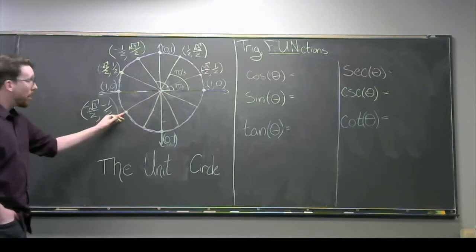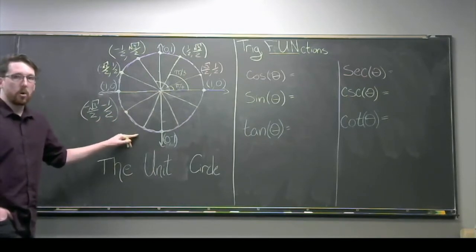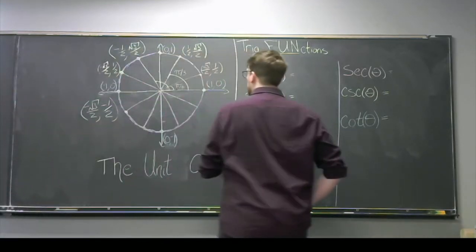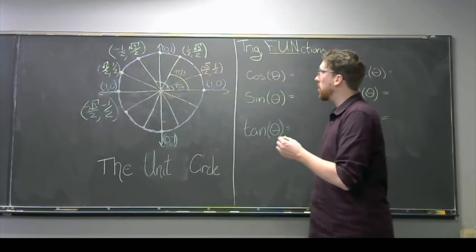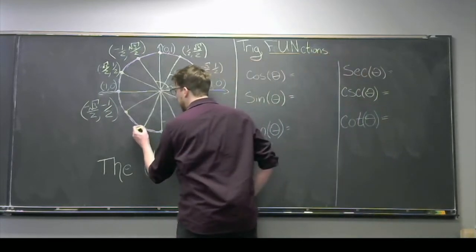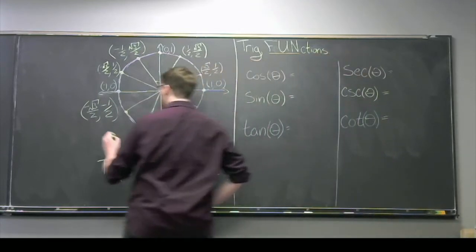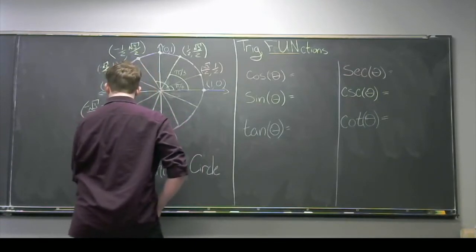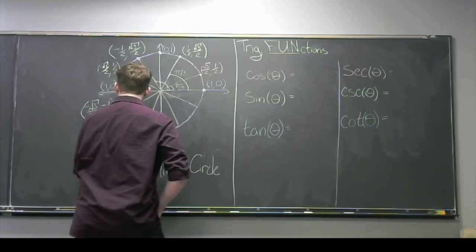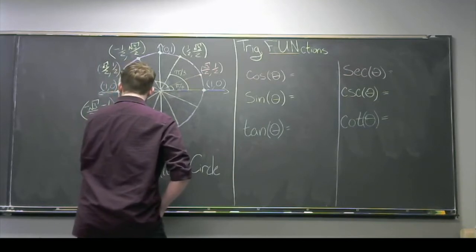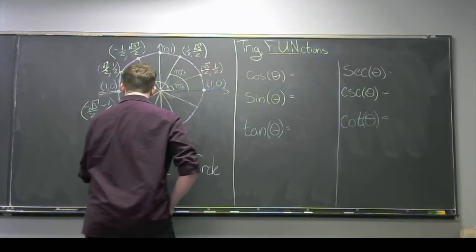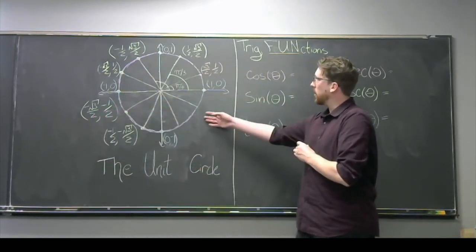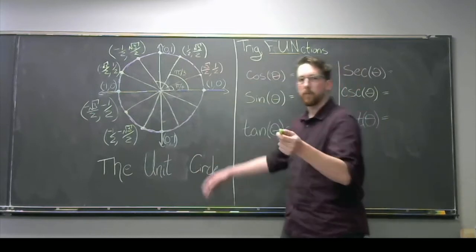And if we go another pi over 6 radians, we're going to have an x value that is negative 1/2, and a y value that is negative square root of 3 over 2. Now I'm going to leave this final quadrant for you all to figure out.